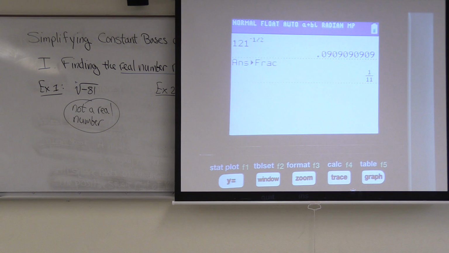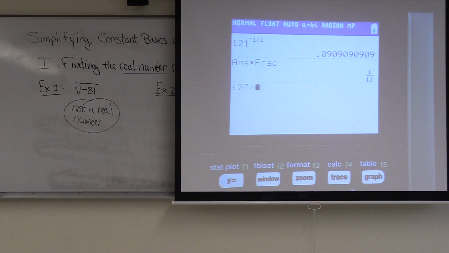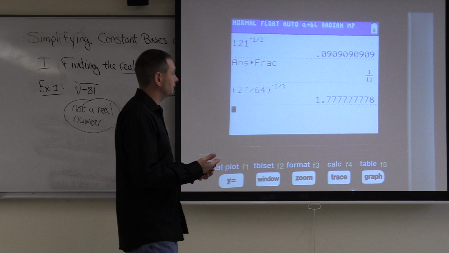The next question, how do I enter in the fractional one? So I'm going to put a fraction. I'm in a parenthesis, 27 divided by 64, parenthesis, caret symbol, and then I would put parentheses if I was using the other calculator and put -2 divided by 3 in the exponent, and it's going to give me 1.777 repeating, or 1.7 repeating.